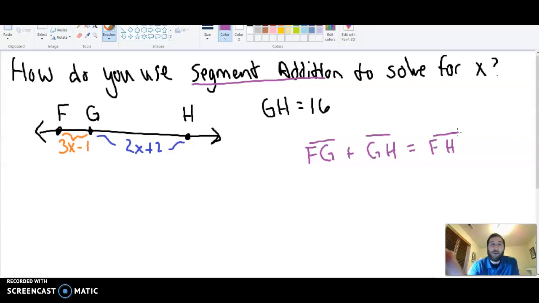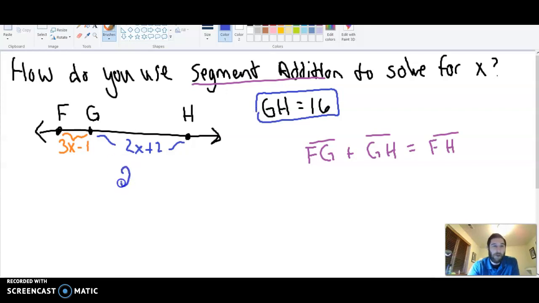Hopefully that's not too big of a surprise, but that's going to come invaluable when we talk about using our equations here. Looking at what we're given, we know that GH is equal to 16. Our goal is to solve for x, but then also find the length of the full line. And so let's apply it to just solving for x first. We know, because the problem gives it to us, very mystically, that GH is 2x plus 2.